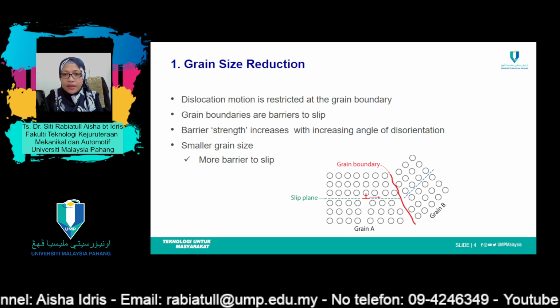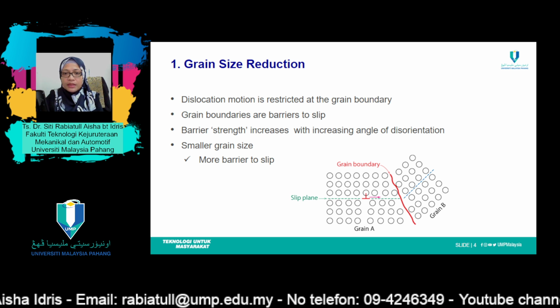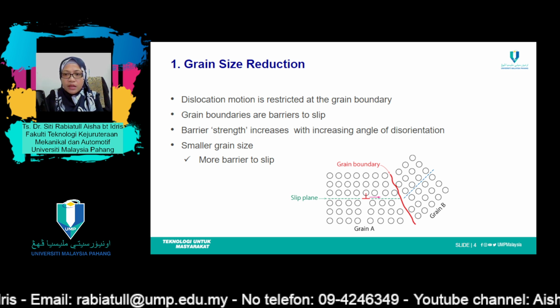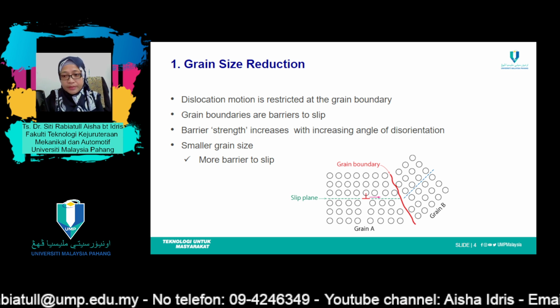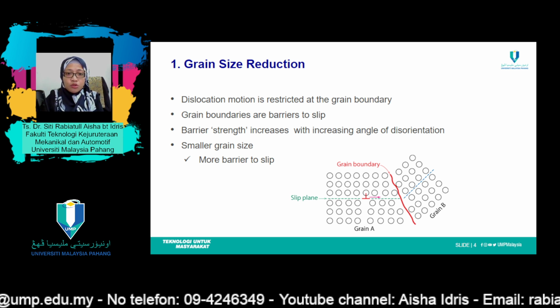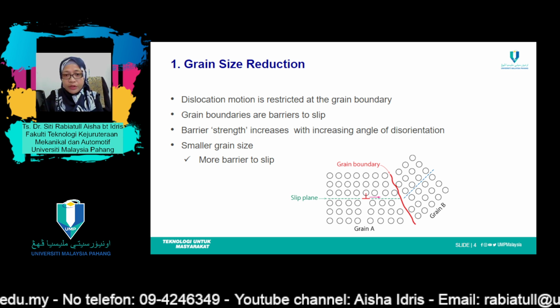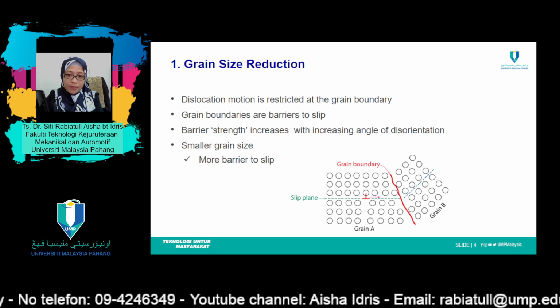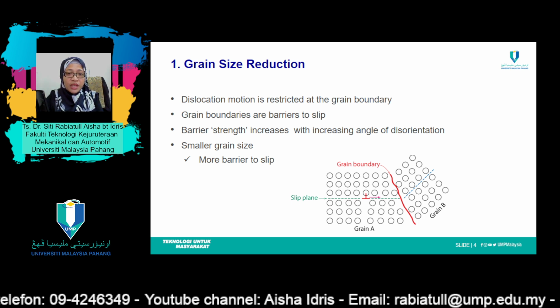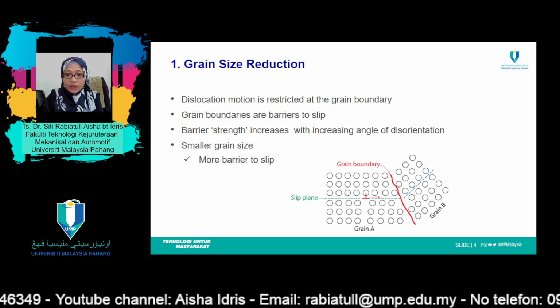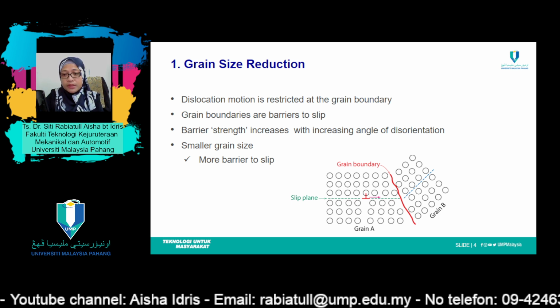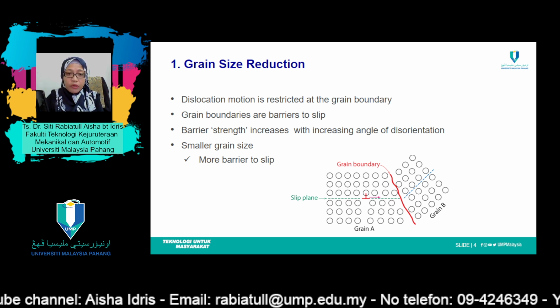As you can see there, the grain boundary acts as a barrier to dislocation motion for two reasons. Number one, because the two grains are of different orientations, a dislocation passing into grain B will have to change its direction of motion. This becomes more difficult as the crystallographic misorientation increases.